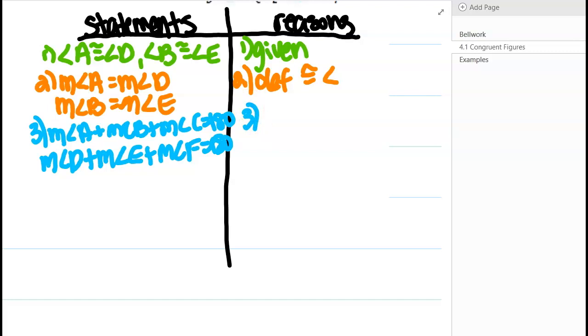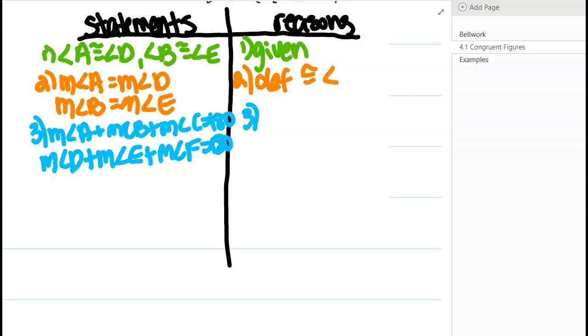Now, how do I know that the three angles in a triangle add to be 180? It's not technically the definition of a triangle. It was a theorem, I think, from last chapter.